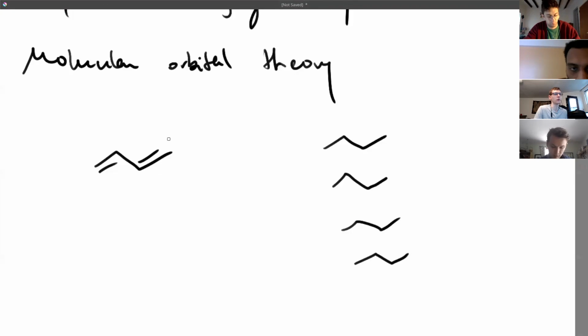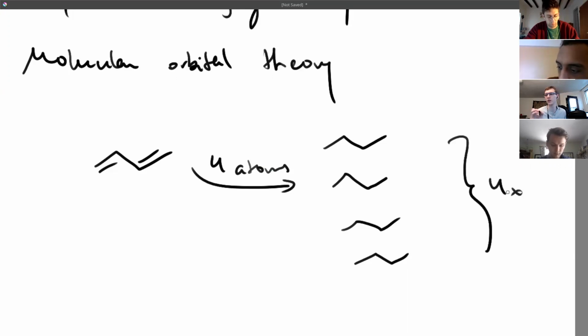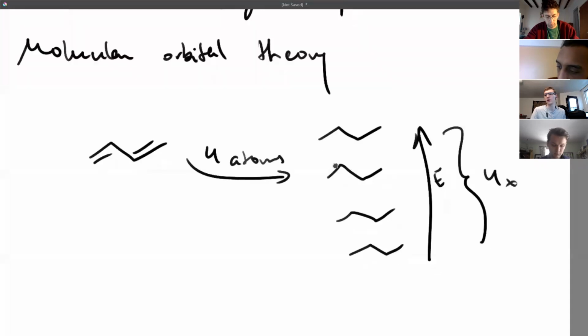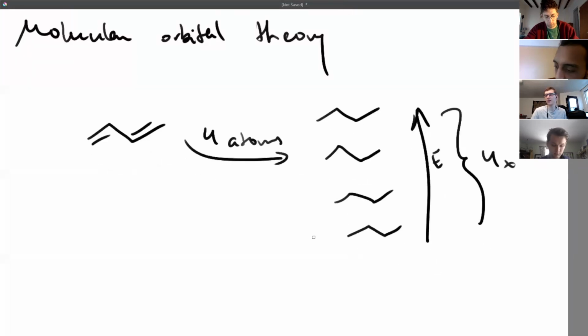So there are 4 atoms, and so you draw these out 4 times. You draw an up arrow for energy, and then you count up from 0 like this.